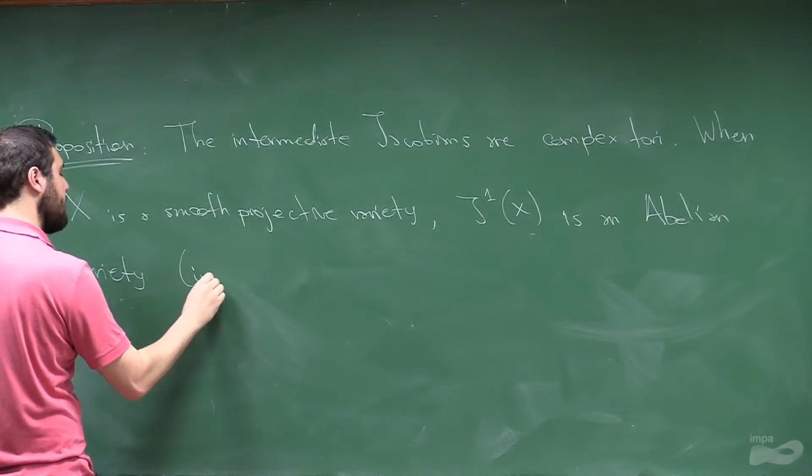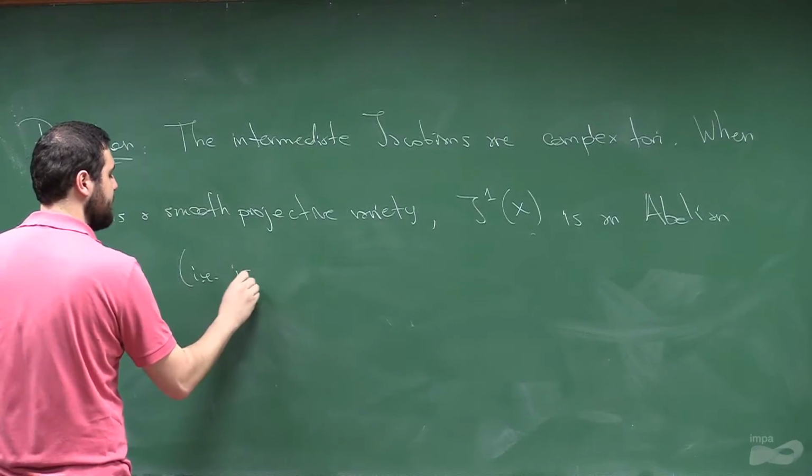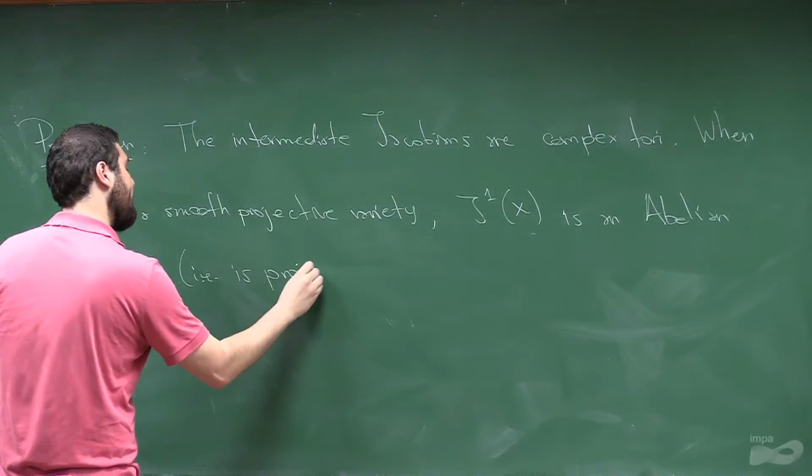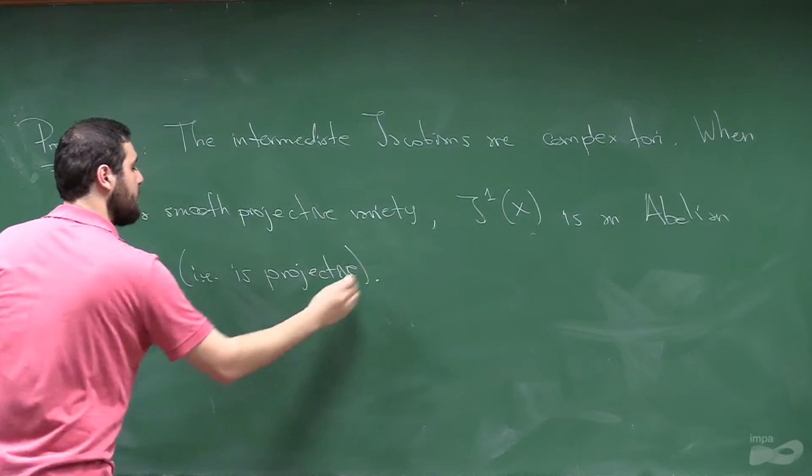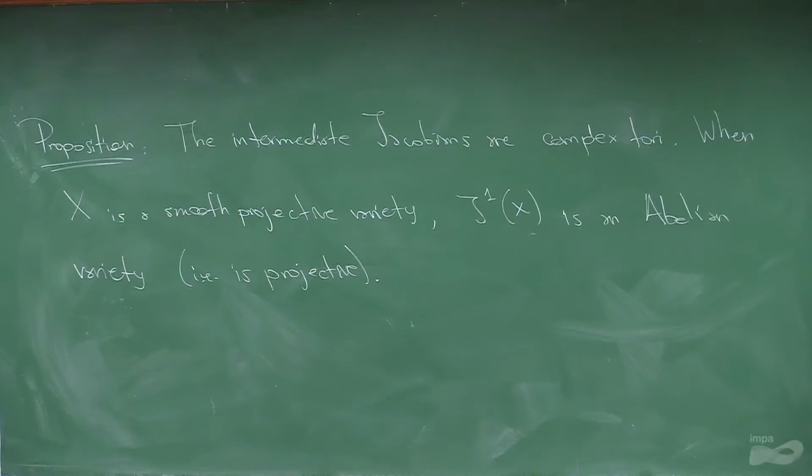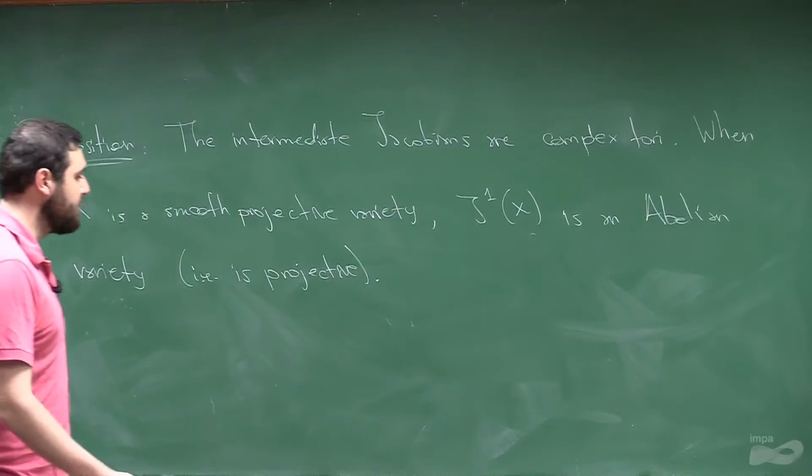This means that it's projective. So in particular, this proposition proves that for every Riemann surface, the Jacobian of the curve is an Abelian variety. You can embed it inside some projective space.